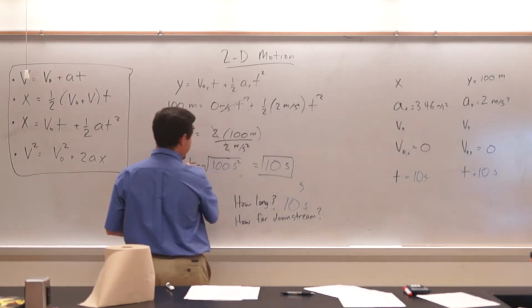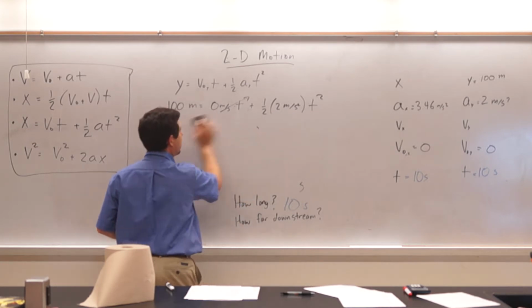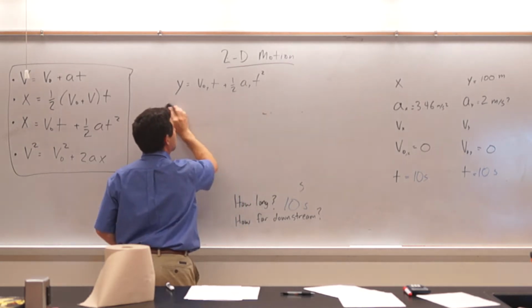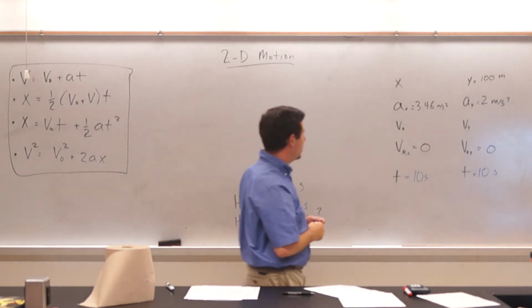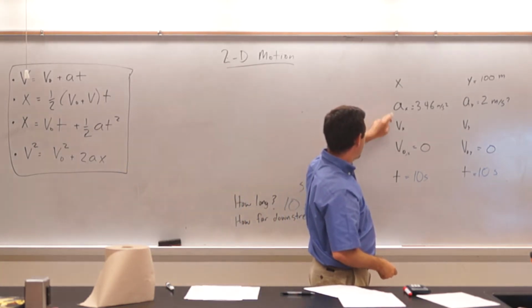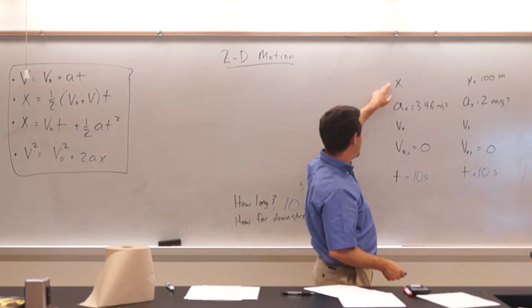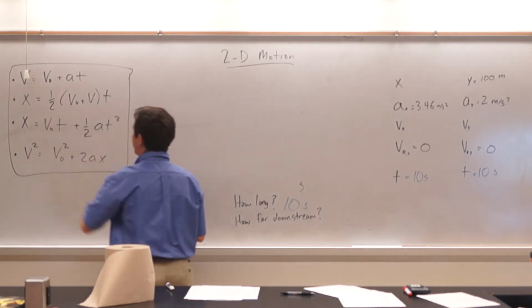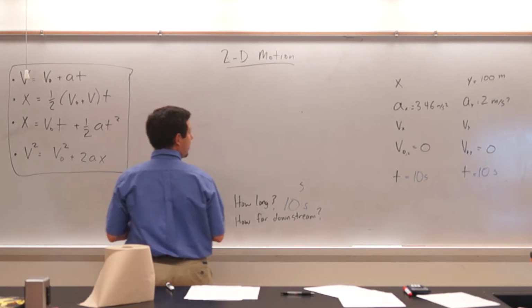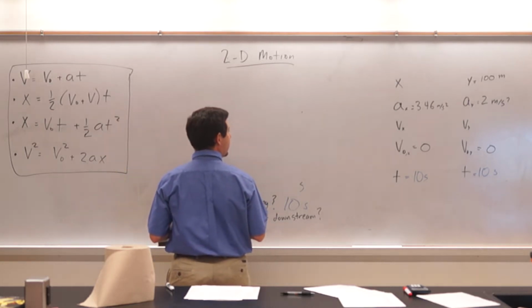How far downstream? Well, let's look at this. We now have an acceleration, a velocity, and a time, and we need to find the distance, right? So let's look at these equations here. We have acceleration, velocity, time, initial velocity.